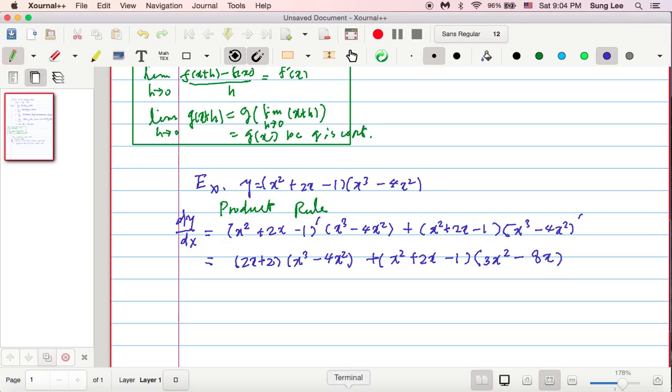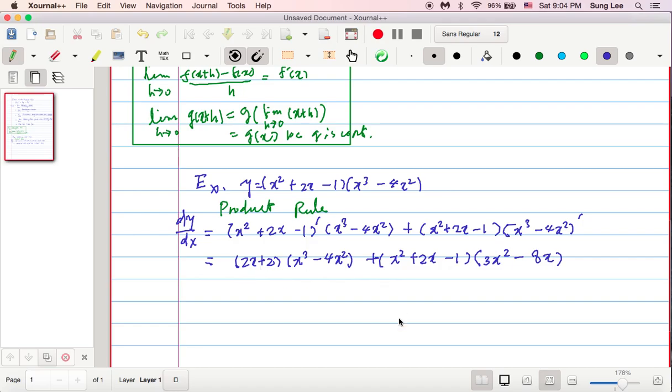That's the derivative of the second polynomial. As far as differentiation is concerned, we are done. You might want to leave it like that, but I want to go further.